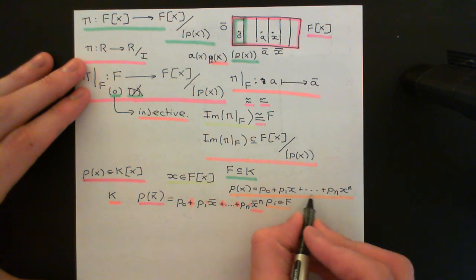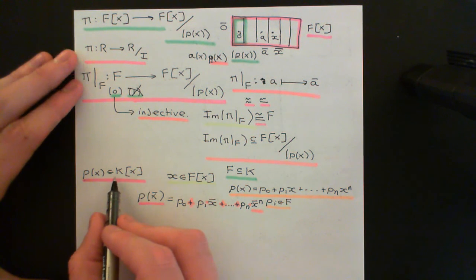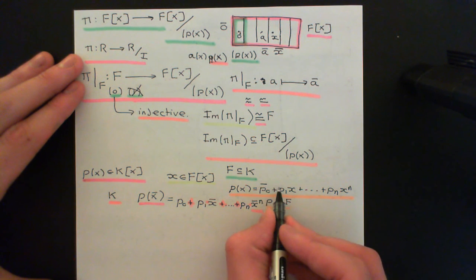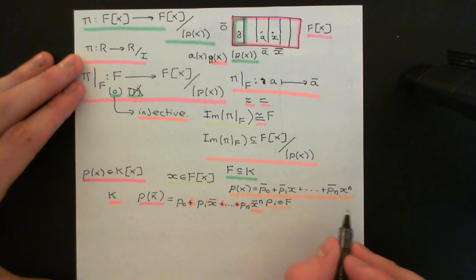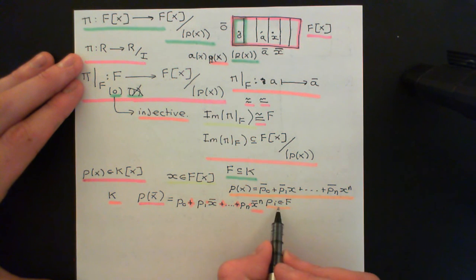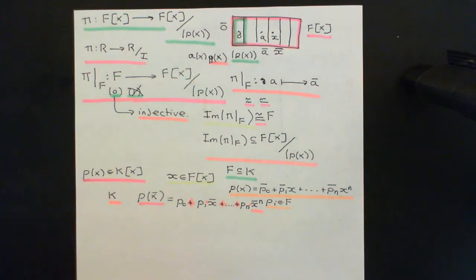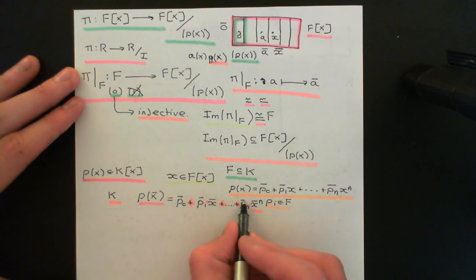When we think of this polynomial p of x in the ring of polynomials over K, if I'm being utterly rigorous, we should think of this as being the coset that contains p0, the coset that contains p1, and the coset that contains pn. But of course those are completely analogous to the original elements of the field, because we know that the field is very naturally included in our larger field capital K. So really I should put bars over these as well.